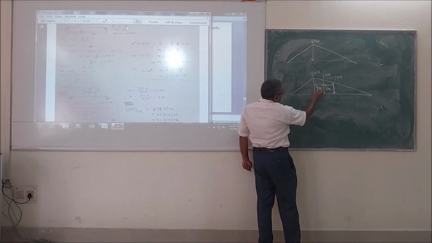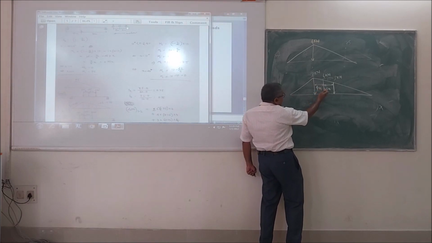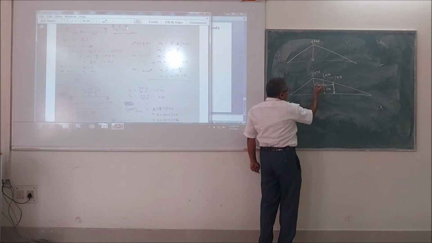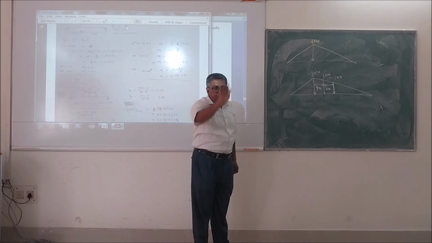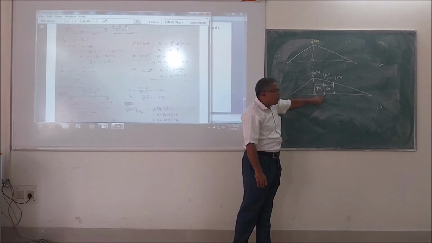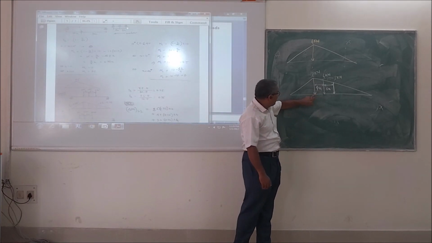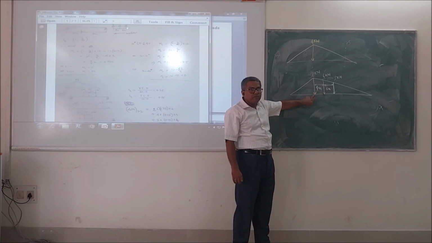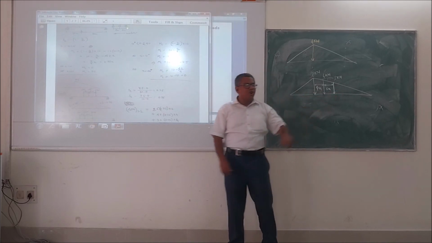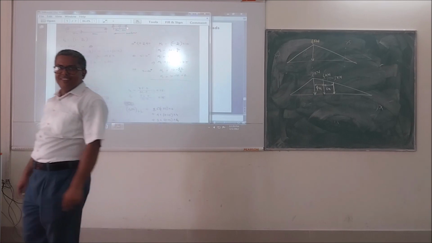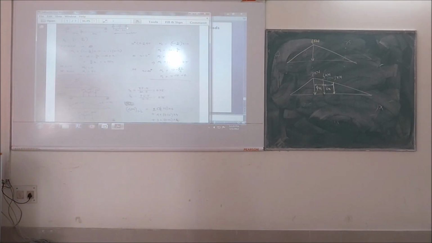And then if this load is moving by 4 meter, please try to understand. If this load is moving by 4 meter, how much will this load move? 4 meter. How much will this load move? 6 meter? Will it move by 6 meter or 4 meter? 4 meter. It will move by 4 meter only.